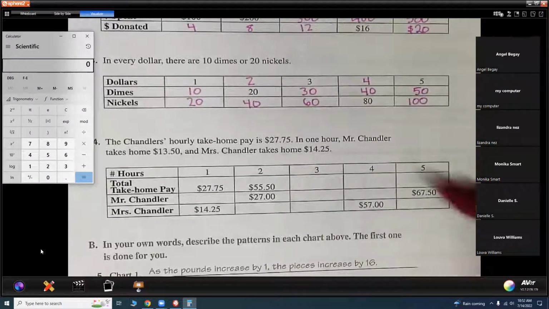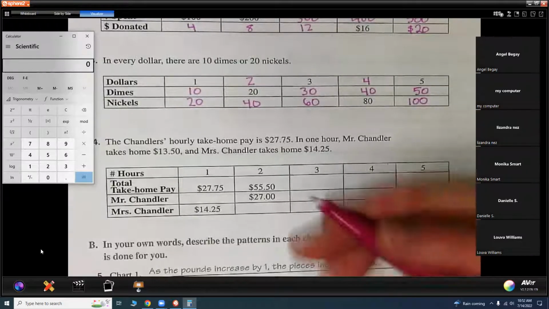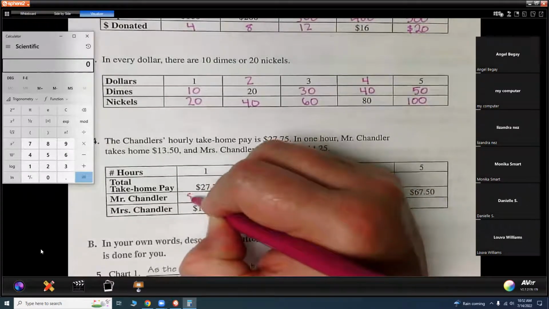Okay, the Chandlers' hourly take-home pay is $27.75. In 1 hour, Mr. Chandler takes home $13.50, and Mrs. Chandler, how progressive, takes home $14.25. So I need to think of take-home pay as a couple.